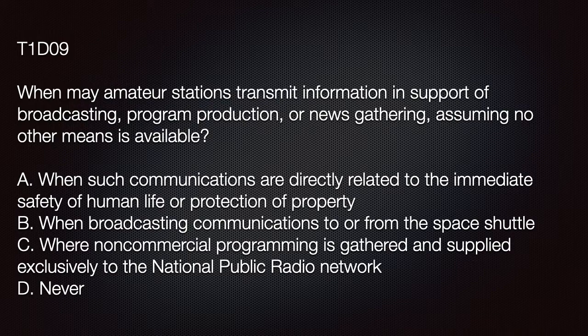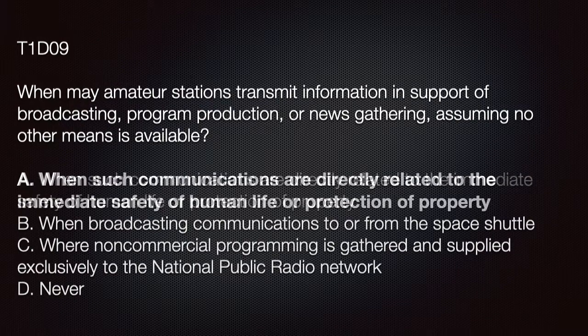B, when broadcasting communications to or from the space shuttle. C, where non-commercial programming is gathered and supplied exclusively to the National Public Radio Network. D, never. Of course, the correct answer is A, when such communications are directly related to the immediate safety of human life and the protection of property.